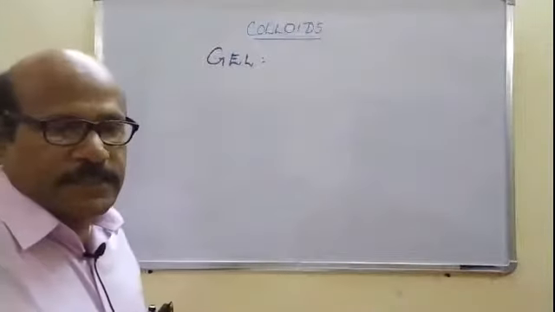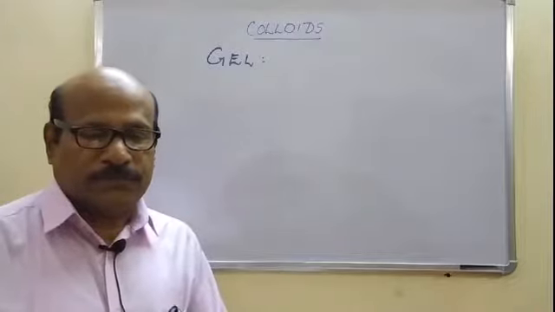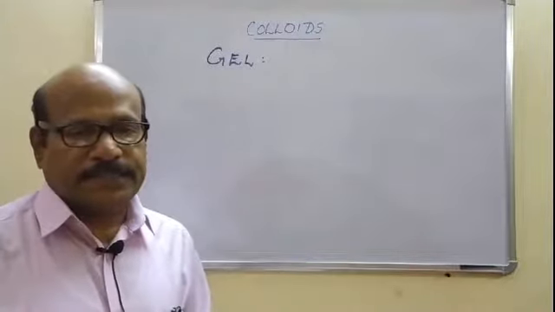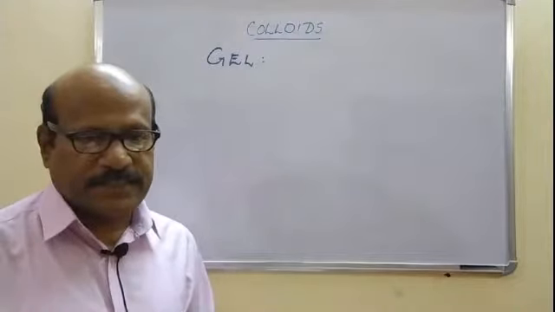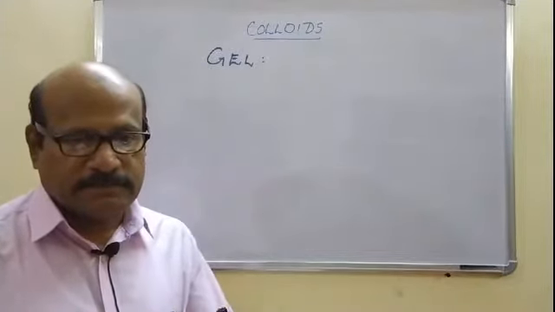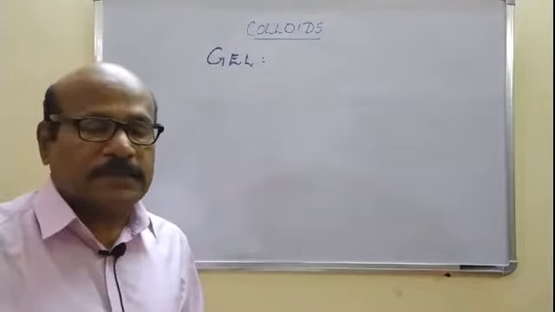A gel is a colloidal system consisting of a dispersed phase as the liquid, while the dispersion medium is the solid.